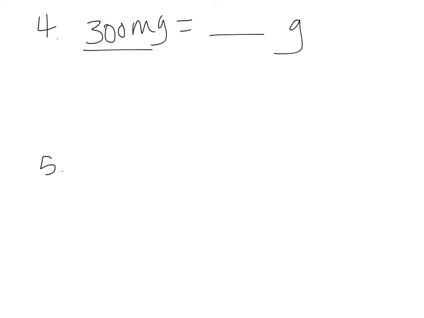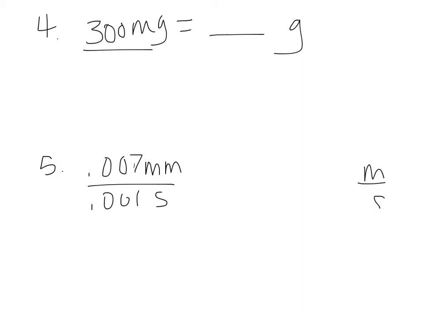A dolphin swims 7 thousandths of a millimeter every thousandth of a second. How fast is that in meters per second? Okay, so I'm going to turn this off and we'll come back on in a minute.